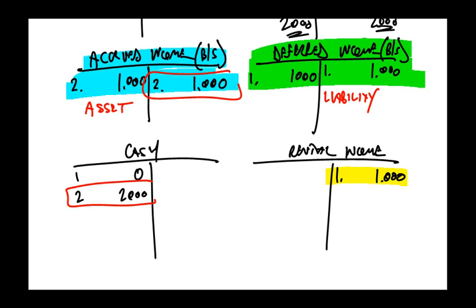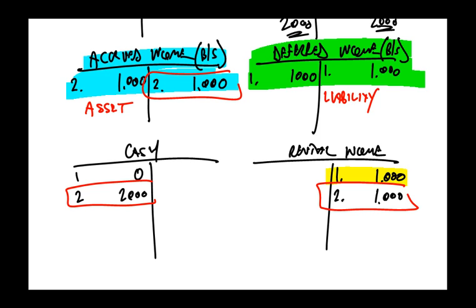The other credit entry goes to rental income, because we are now earning £1,000 of income in the second year for the second tenant. So you can see that double entry does balance overall. We've got a debit of £2,000 on the cash account for the amount they've now paid us, but the credits are split.